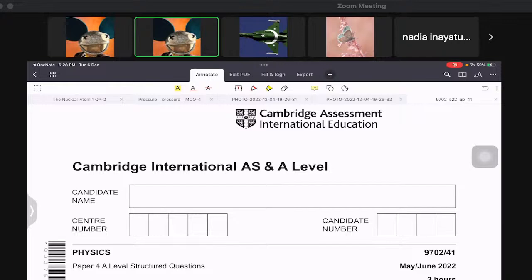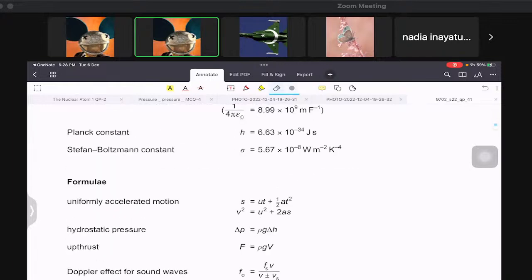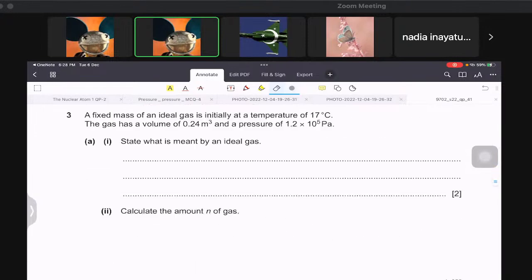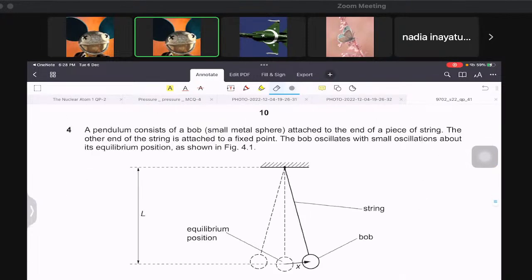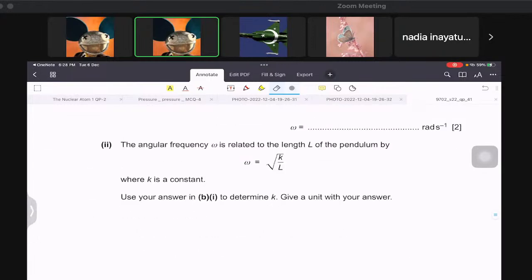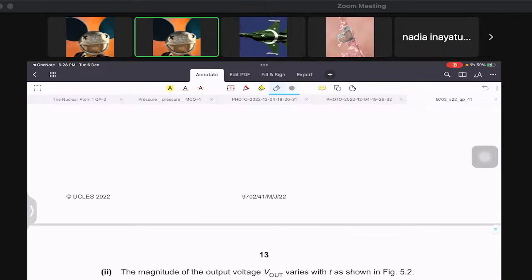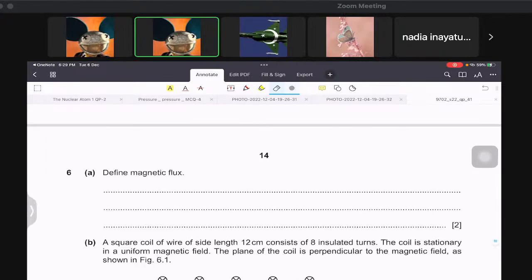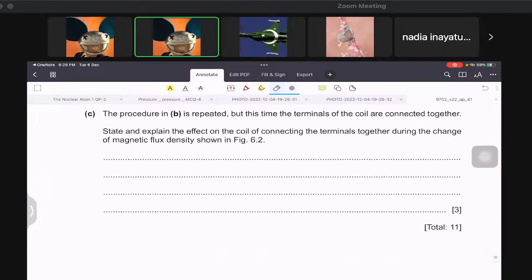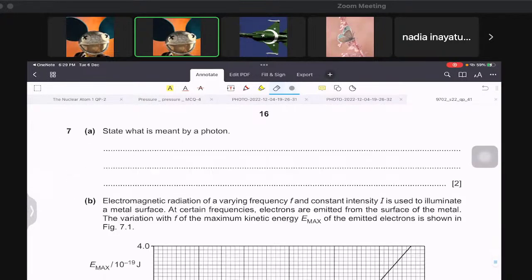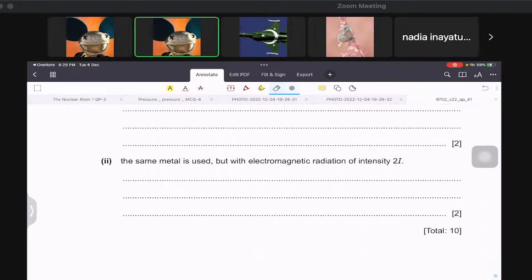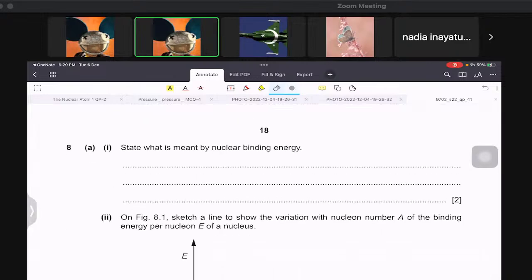Okay, let's see if we have a positron question in this. No, this is not the question.